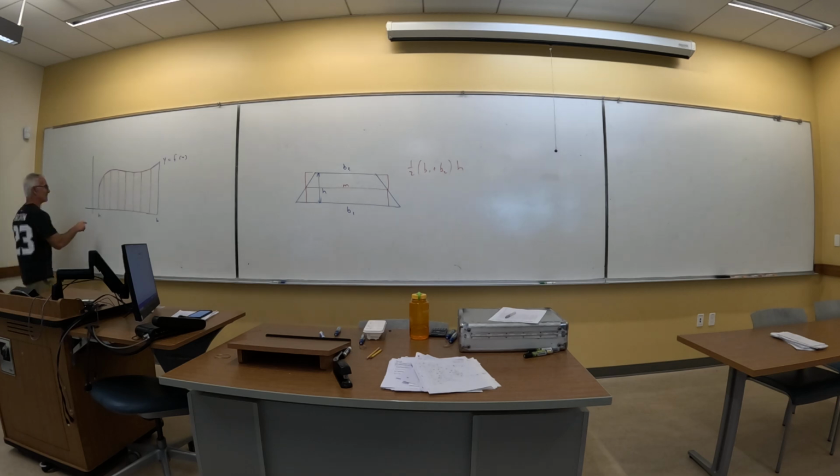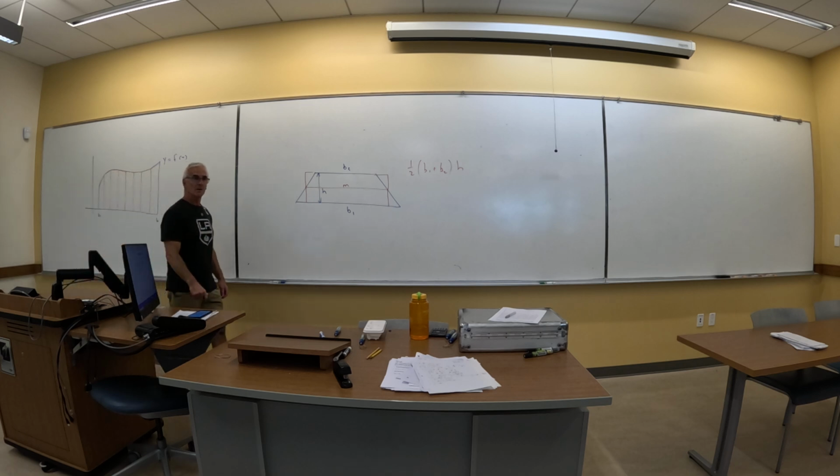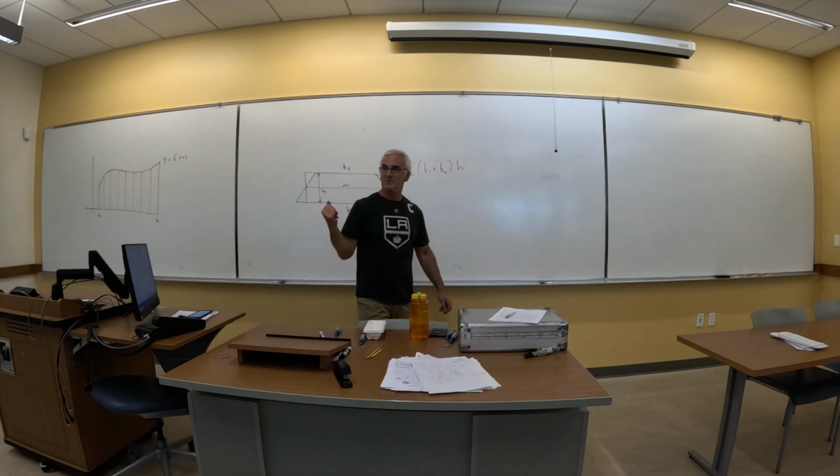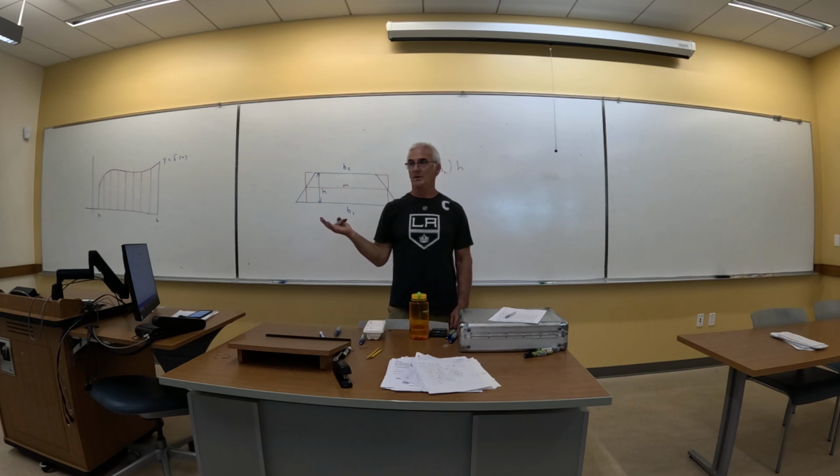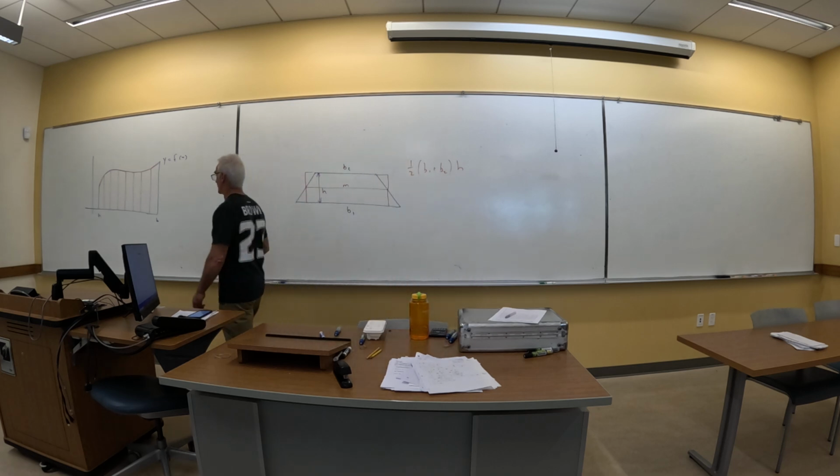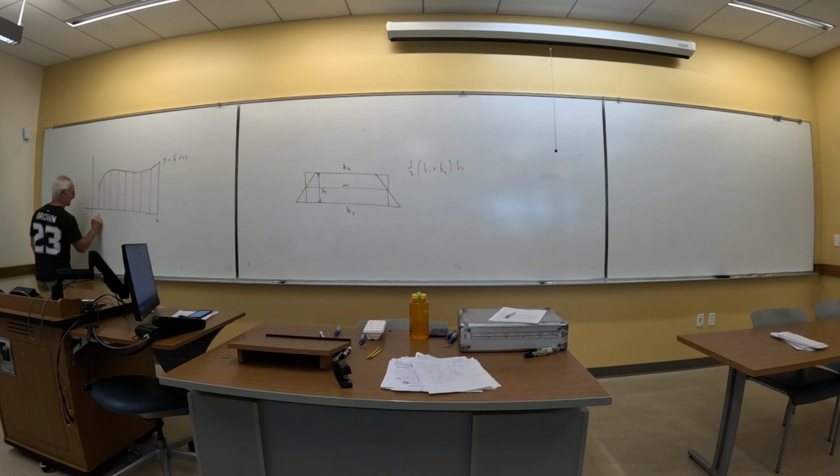So could I fairly easily find all of these areas? Yeah, these are all geometric shapes. There's no calculus involved. In fact, it makes it even easier. Let's call this x0, x1, and so on, all the way down, this is xn.